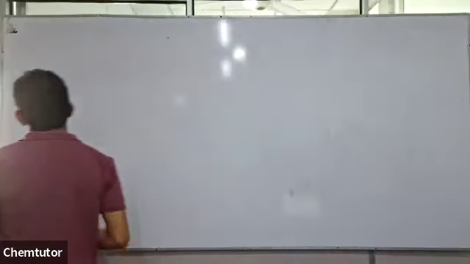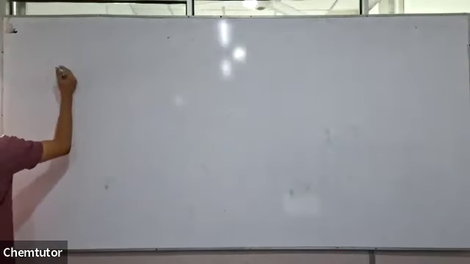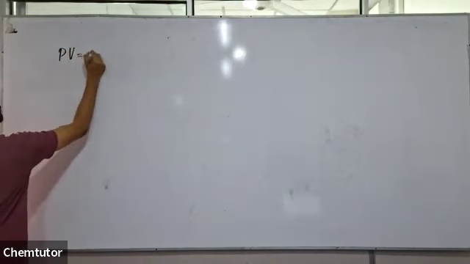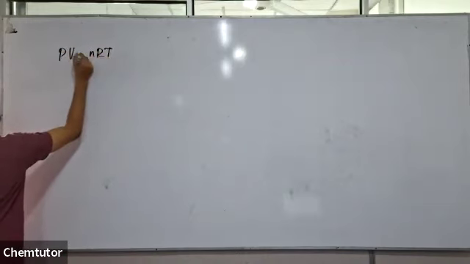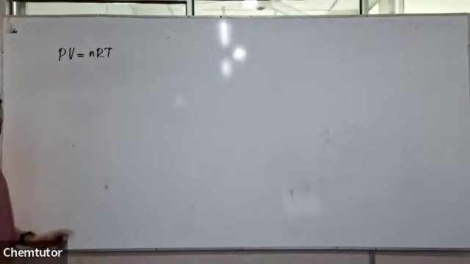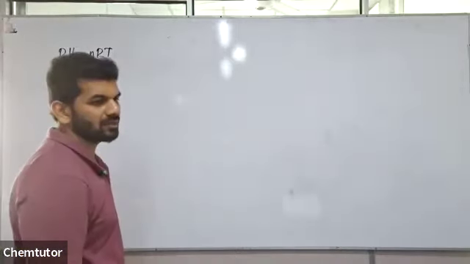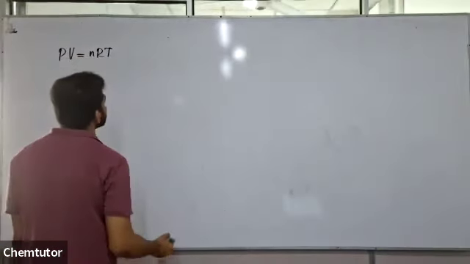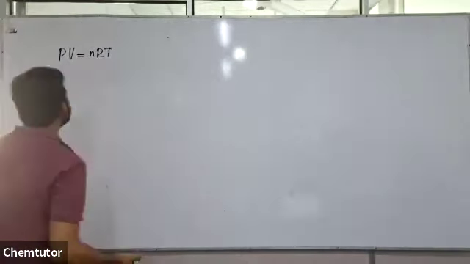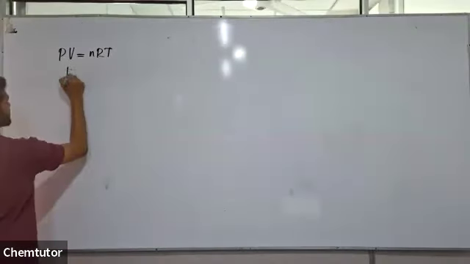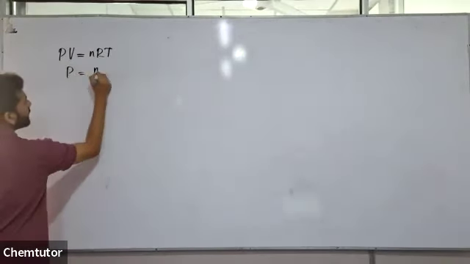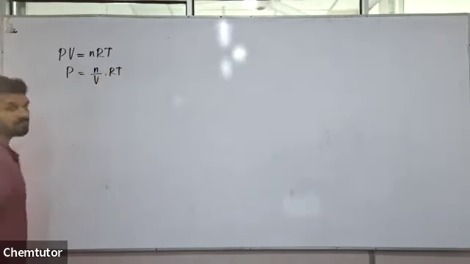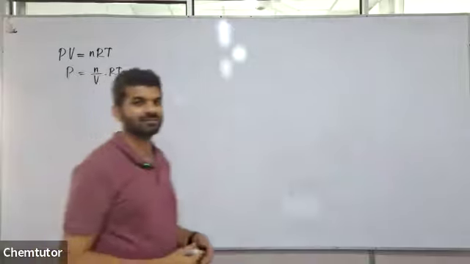So we can apply PV equals nRT. The equation is PV equals nRT. So we know that the number of moles is given there. We can rearrange this equation like this: P equals n over V times RT. What is n over V?